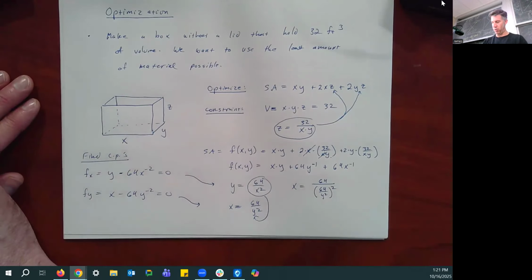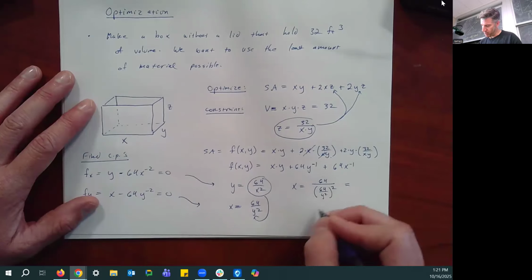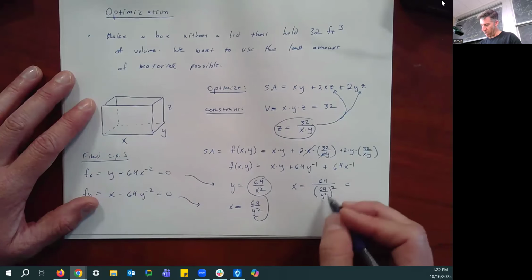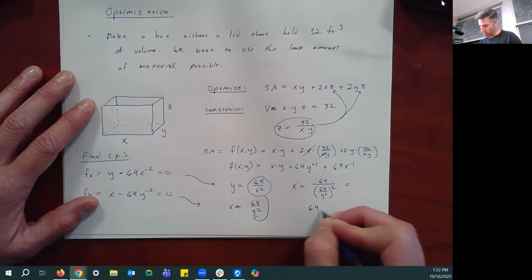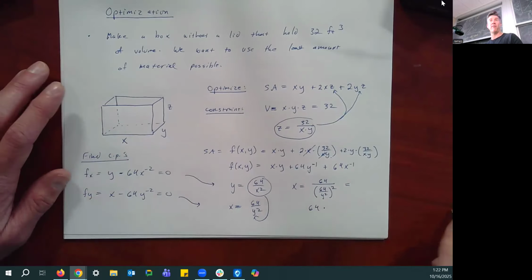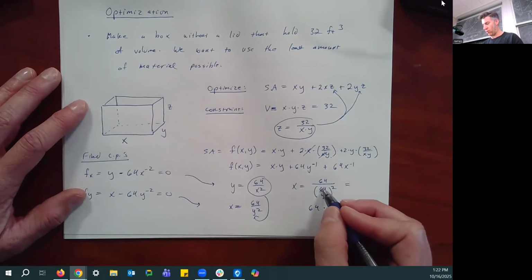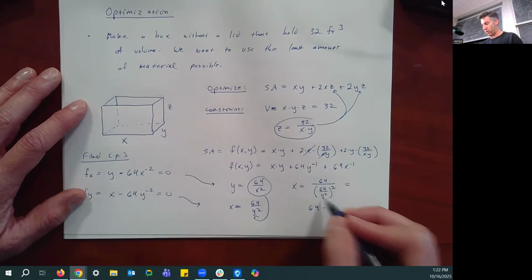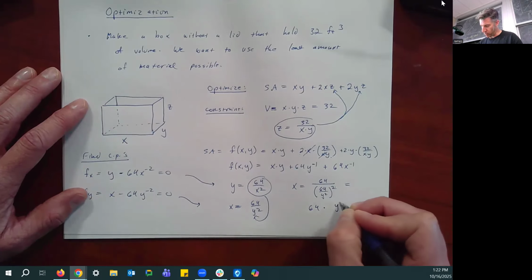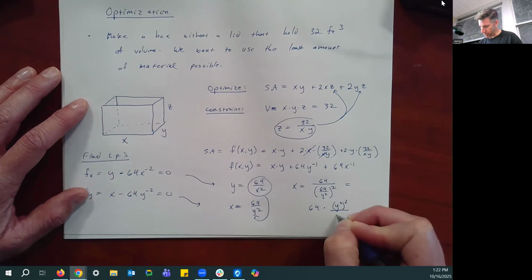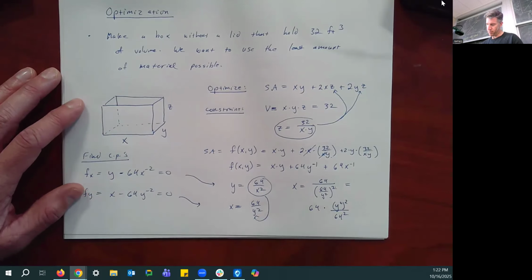Instead of 64 divided by a fraction, it's 64 multiplied by the reciprocal of that fraction. It's still not great. I feel like I'm doing something stupid here. I am doing something stupid here.